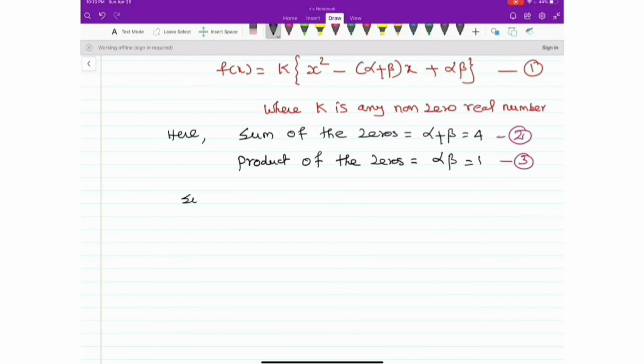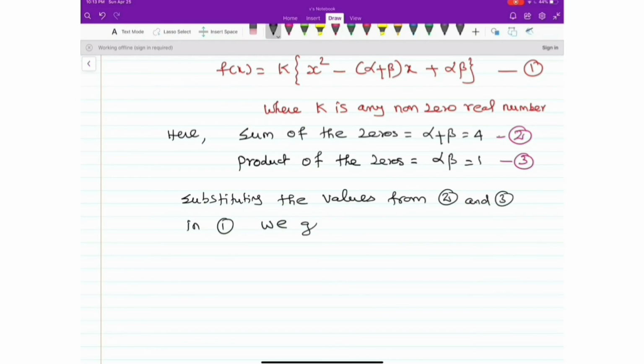Substituting the values from 2 and 3 in 1, we get f of x is equal to k into what is x square minus what is alpha plus beta? 4 and alpha beta 1.